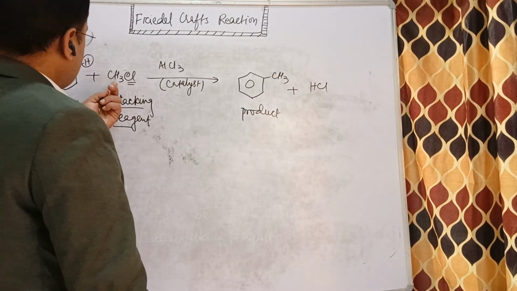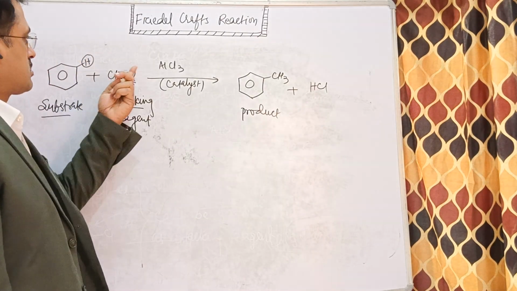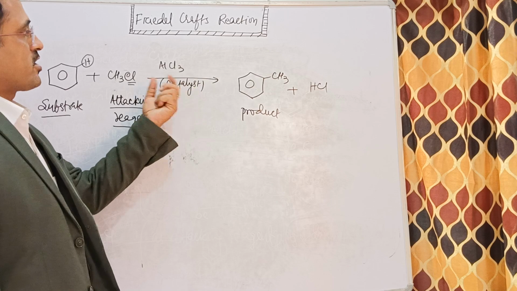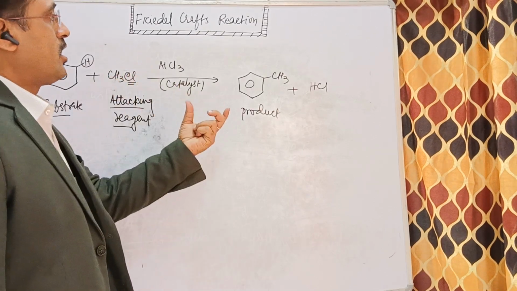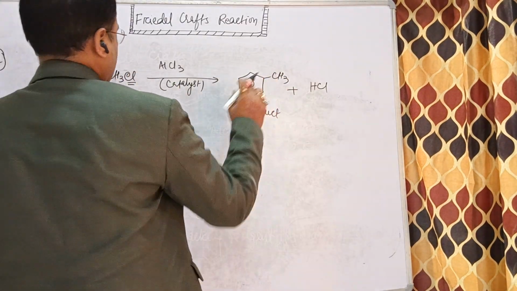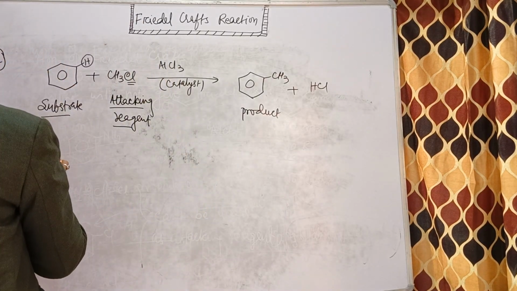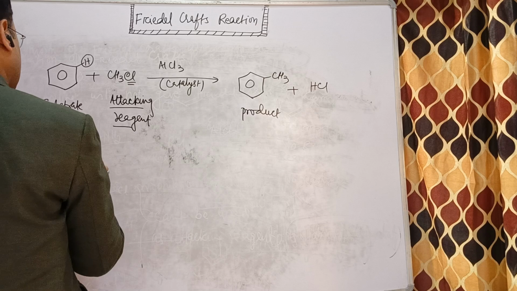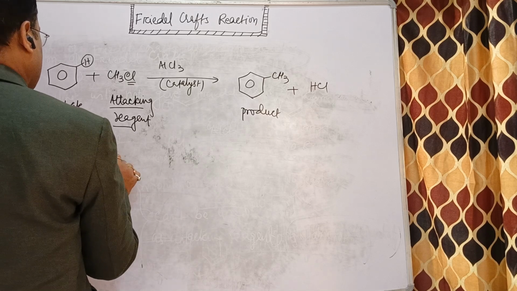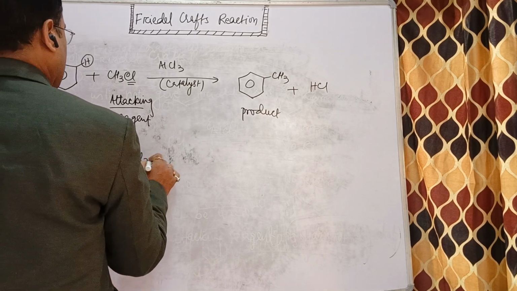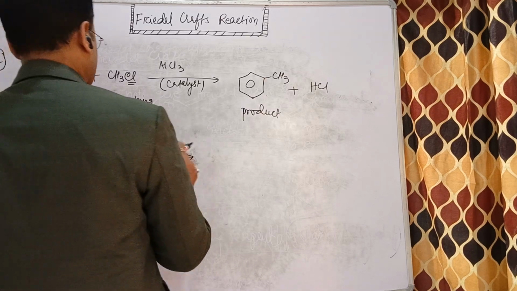In the equation, first the attacking reagent and catalyst interact with each other and generate the electrophile CH3 plus. The step is CH3Cl plus AlCl3 interacting with each other.